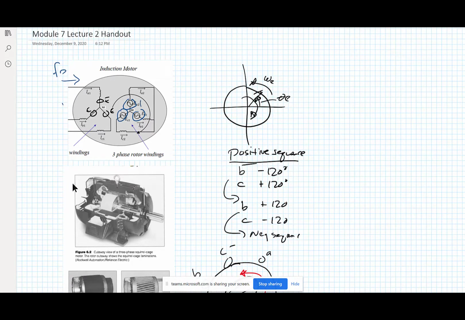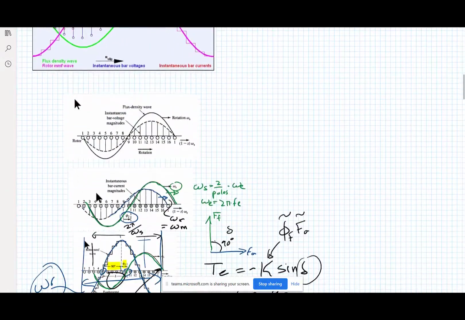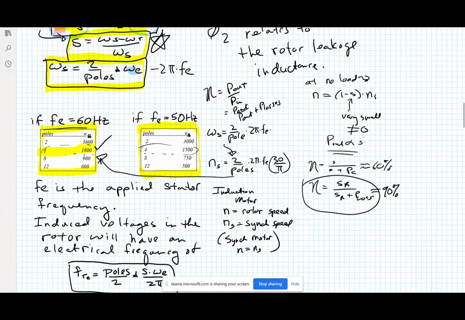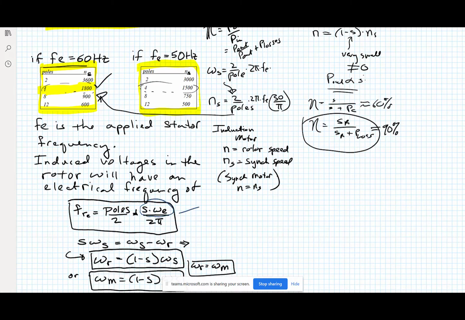So you have an fe here, you're going to have an f rotor electrical here. And what is that? Well, it is proportional to the slip frequency. It's a small frequency. So if you're running at a light load, you could say s is small. So let's say it's 0.008. You would take 0.008 times the electrical frequency. If it's 60 hertz, that'd be 377, that's 2 pi 60.